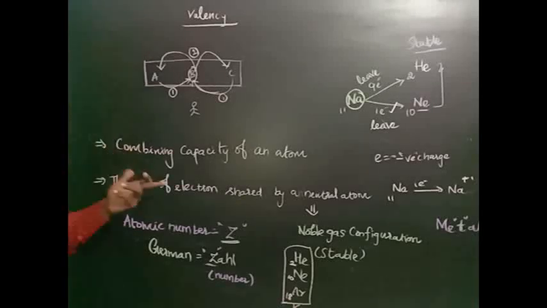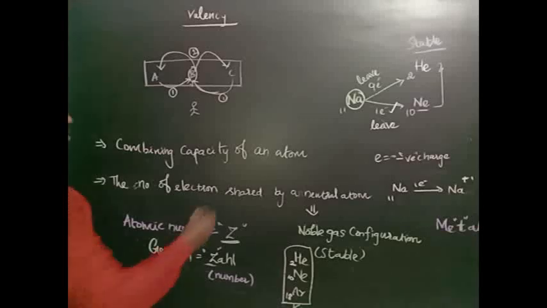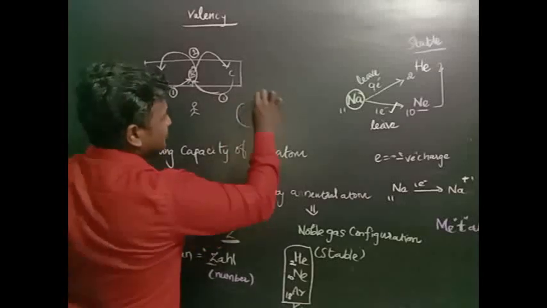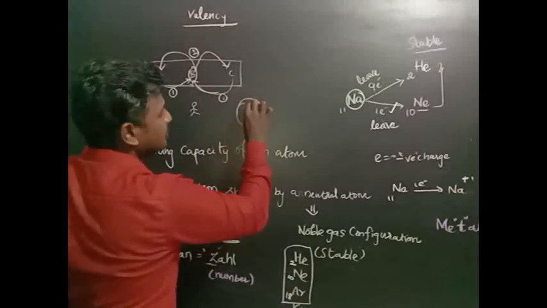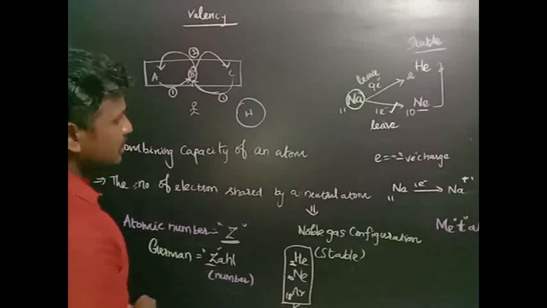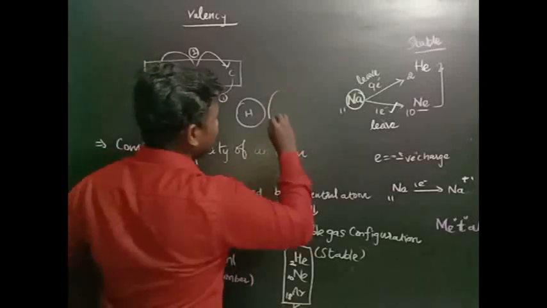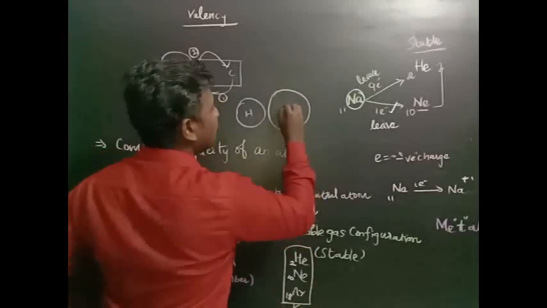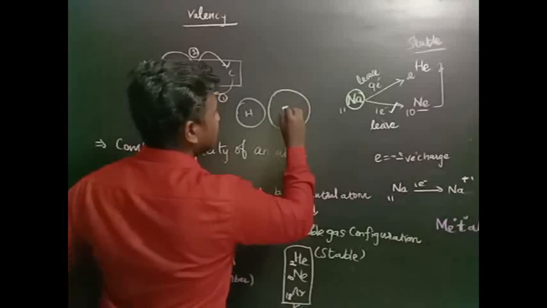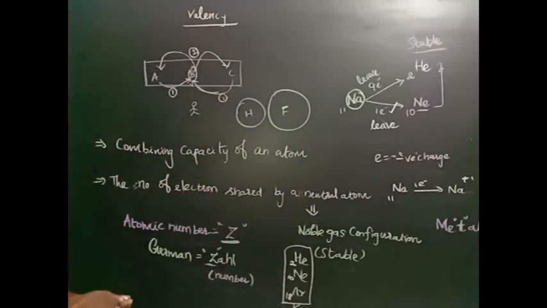So what is valency? Valency is nothing but the combining capacity of an atom. What is combining capacity? Which means I have hydrogen, right? And in another hand, I have one more element called fluorine, right? What is the atomic number of hydrogen?